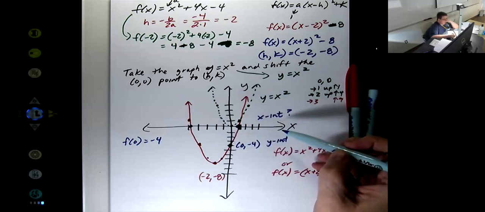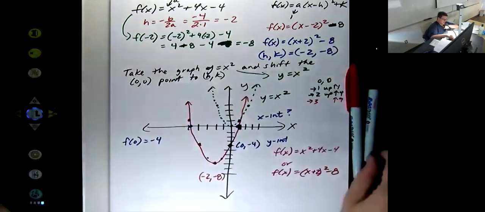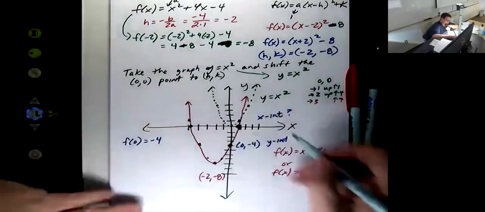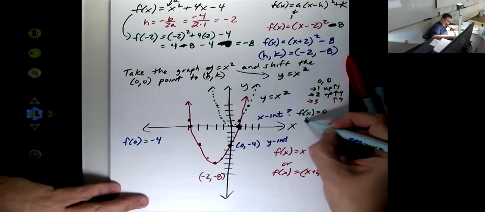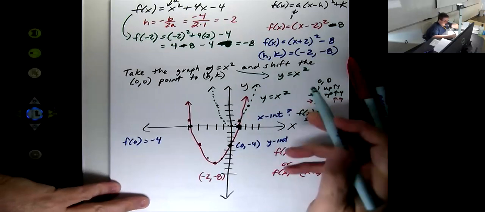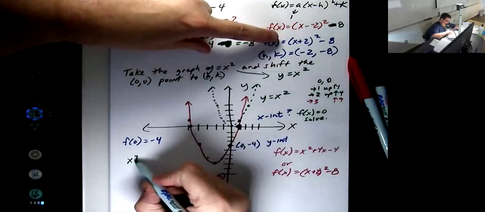What does y equal here? 0. Y equals 0 here, right? Which is f of x. So we can find the x-intercepts by setting f of x equal to 0 and solving. I think this is a little bit easier in the x plus 2 squared minus 8 form.